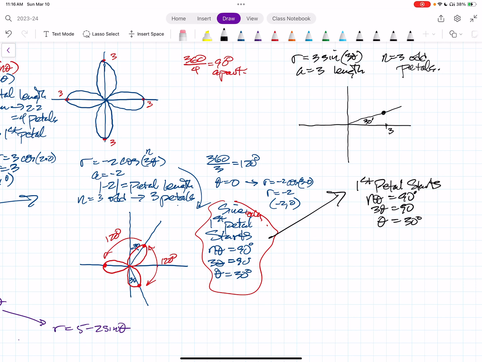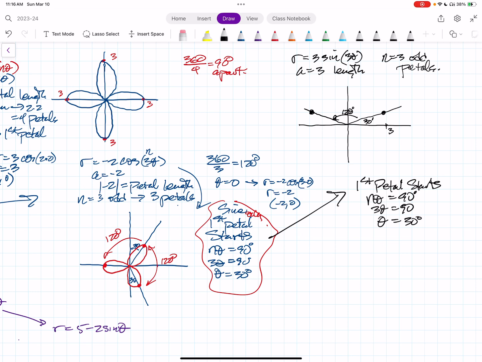And then there's going to be 360 divided by 3, which is 120 degrees apart. So then I go 120 degrees. So 30 and 120 is 150. So my next petal is over here. So again, they're 120 degrees apart. So I've got to radiate out 3 units, so maybe about right here, I'm estimating.